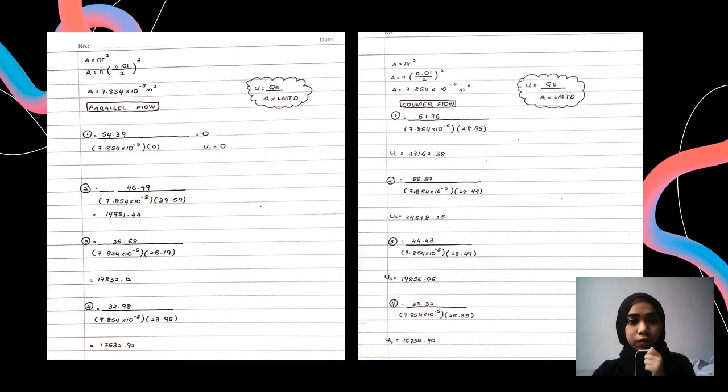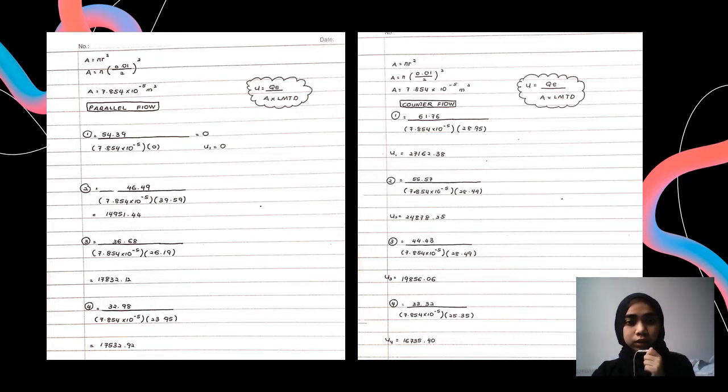For parallel flow, U1 is 0 and U2 is 14951.44, U3 is 17832.12 and U4 is 17532.92.